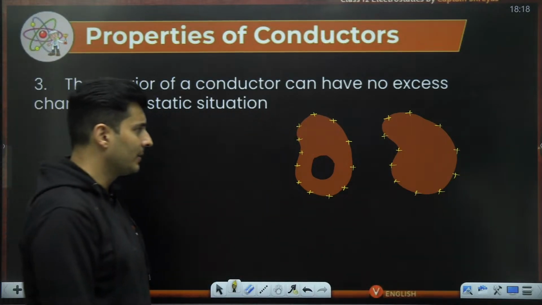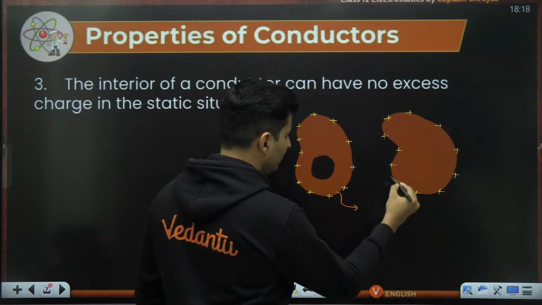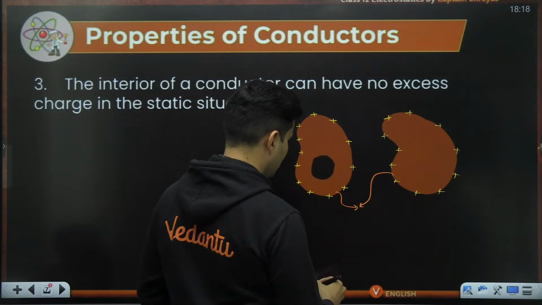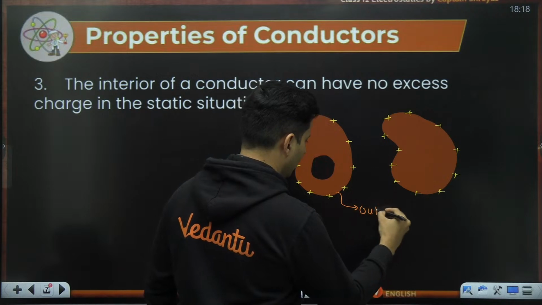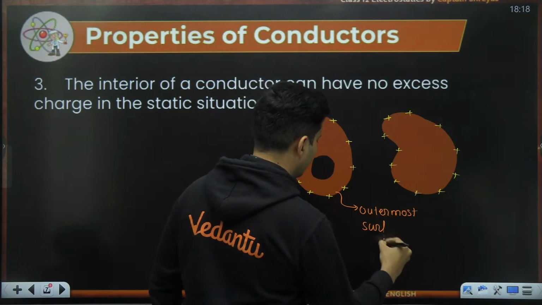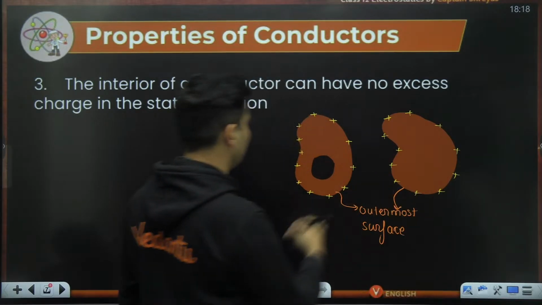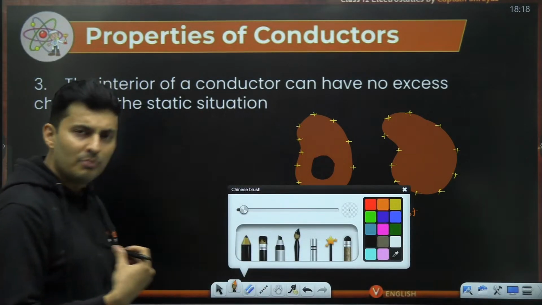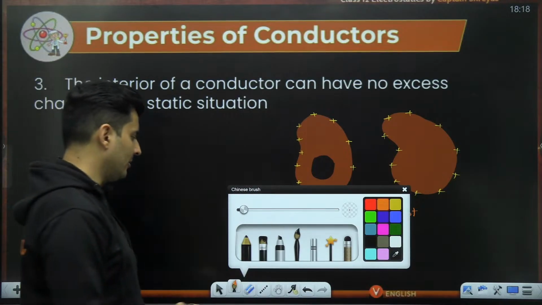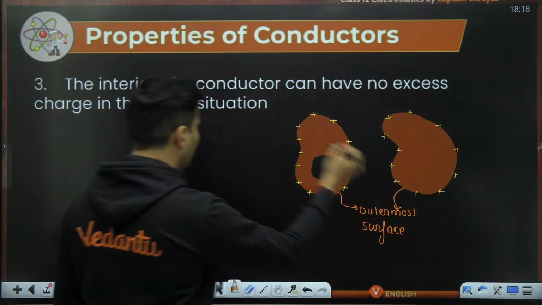Very, very important. So this is basically the outermost surface of that conductor. That's where those charges are going to lie. And you can prove it by Gauss's law. You can very easily prove it by Gauss's law. How?